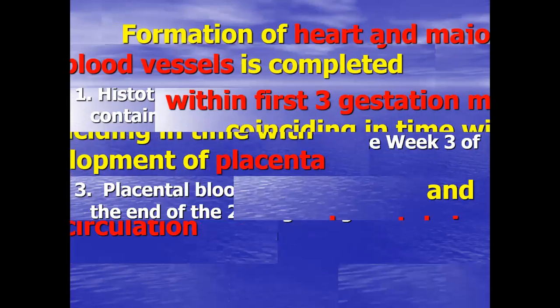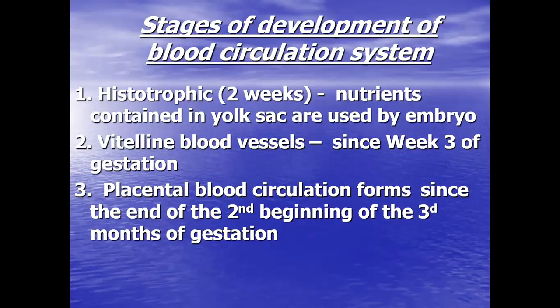I would like to tell you that circulation system also has several stages of its development. And the first two stages of the development of the blood circulation system are rudimentary.